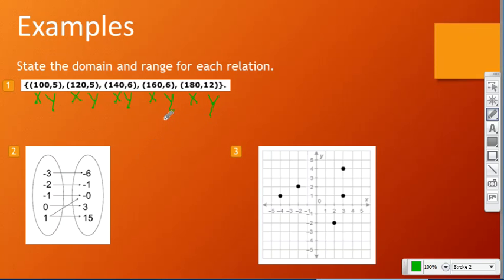Our instructions say to state the domain and the range for each relation. Well, that's easy. We know that the domain is the set of all of the x values, and the range is the set of all of the y values. So our domain consists of 100, 120, 140, 160, and 180.